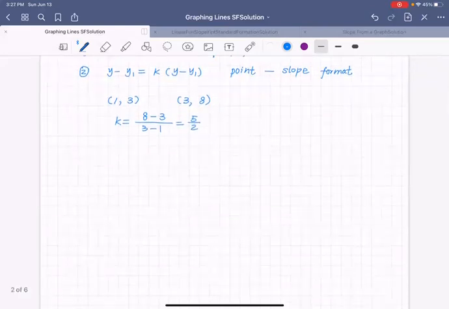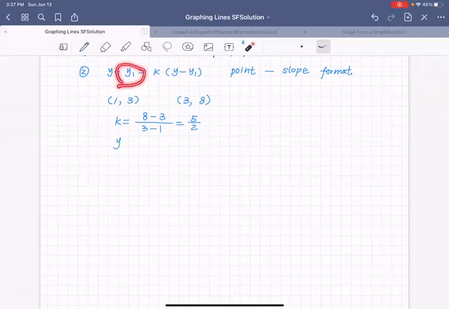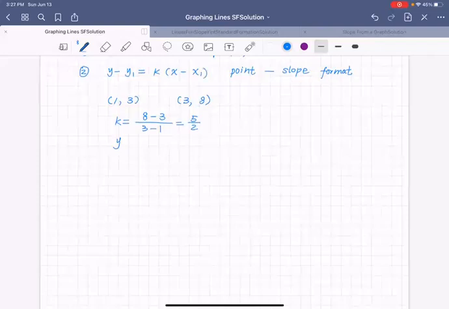And then let's plug in. Sorry, I have a typo here, okay? x minus x1. Plug this into this. Go ahead, Ethan. So this is x1, this is y1, okay?